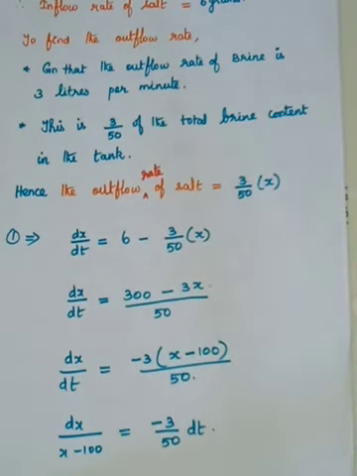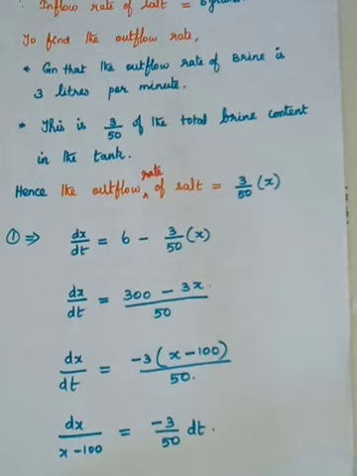That is, 50 liters of pure water is already there. Per minute 3 liters of brine flows into the tank. Then the mixture is stirred, and the mixture flows out of the tank at 3 liters per minute. So 3 by 50 of the total brine content in the tank.